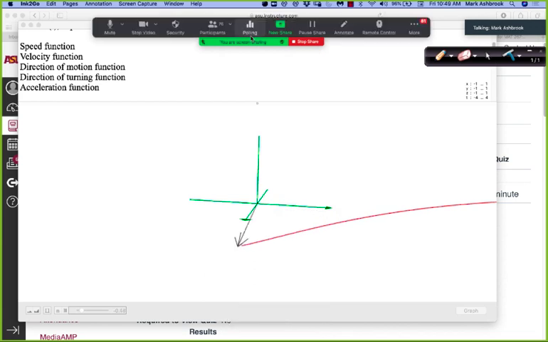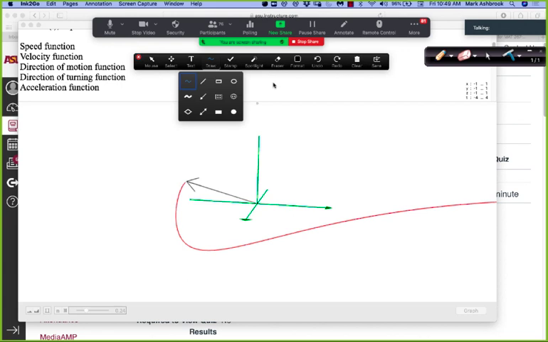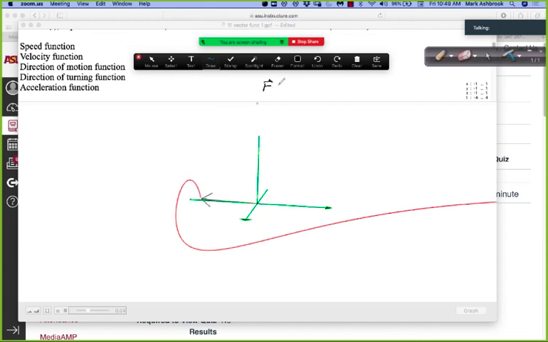That's right. So r(t) is a position, then the velocity function would be r prime of t.